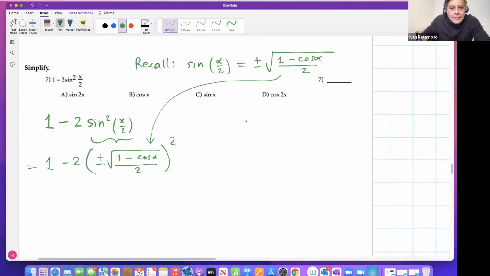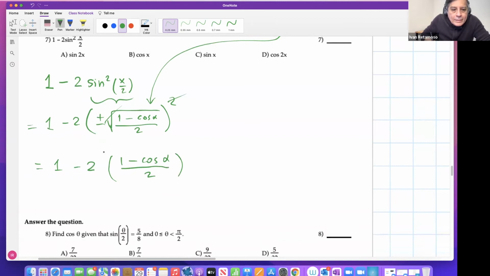Yeah, great. Now, the good thing about squaring something that is plus or minus is that the result should be positive. And not only that, the 2 as exponent will cancel the radical part, so we will be free from the radical. 2 times (1 minus cosine of alpha) over 2. Now, notice this number 2 on the top and this number 2 on the bottom, they cancel.